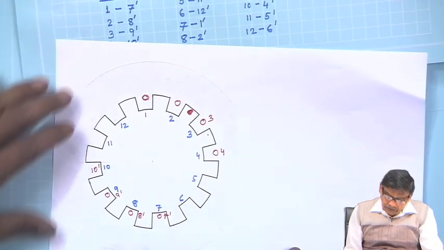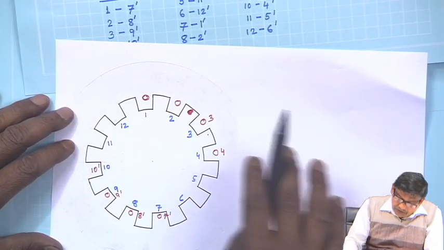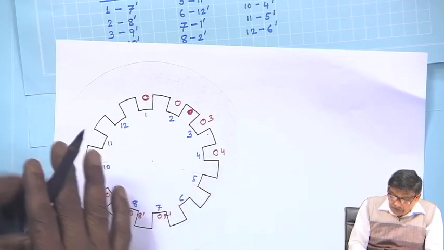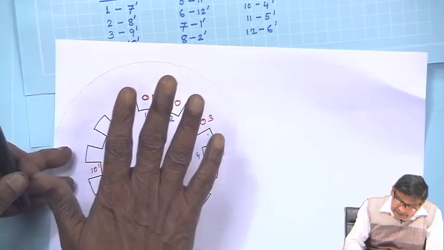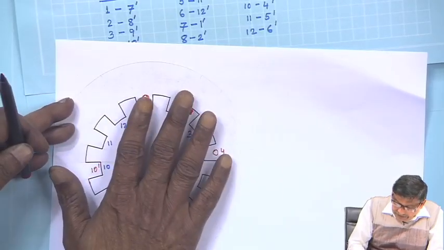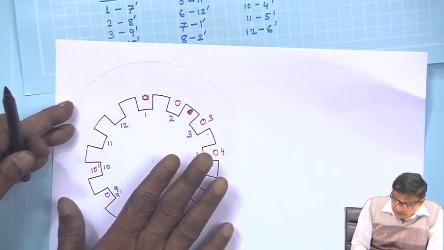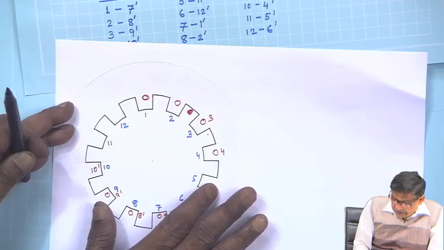As I told you, I will not do Y phase and B phase, they will be exactly the same, but the start will be for Y phase from slot number 5 with a different color.